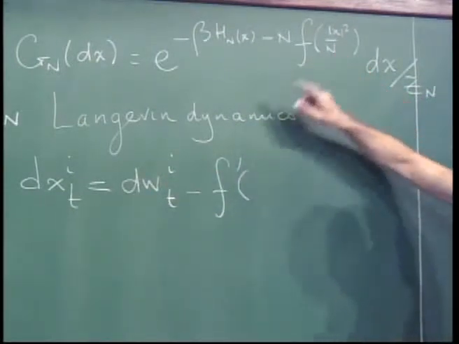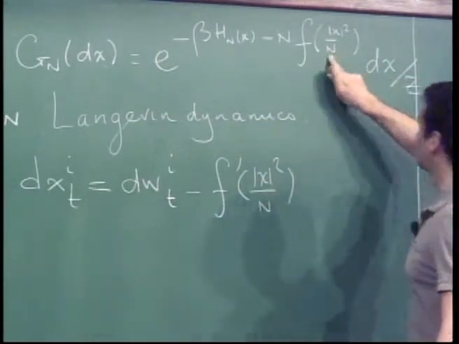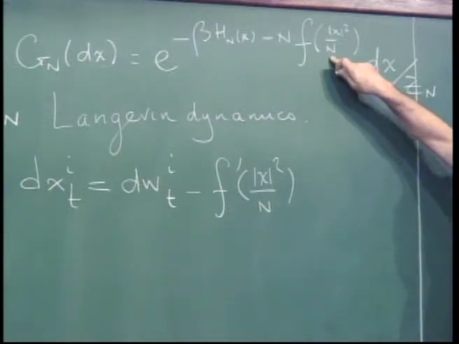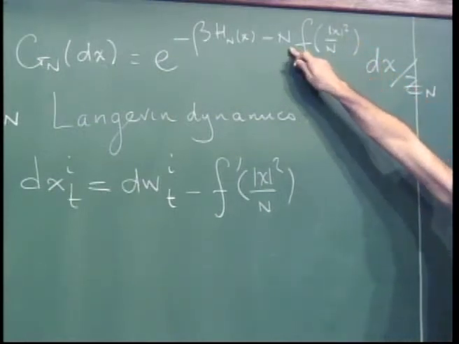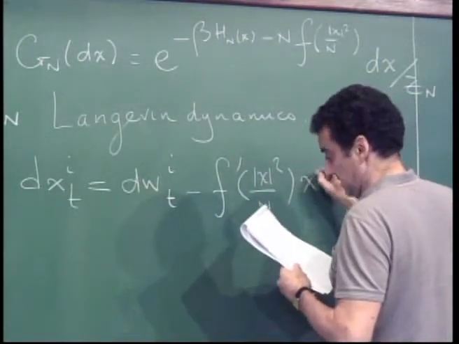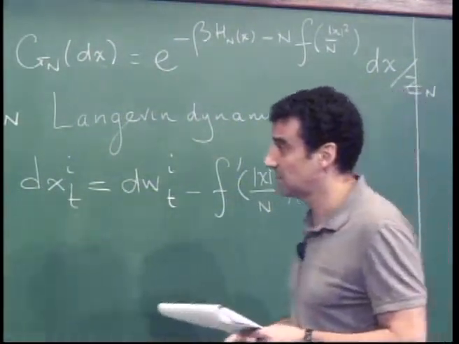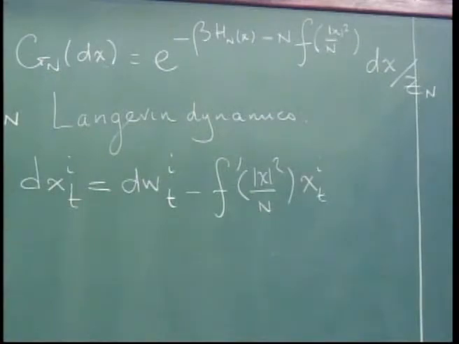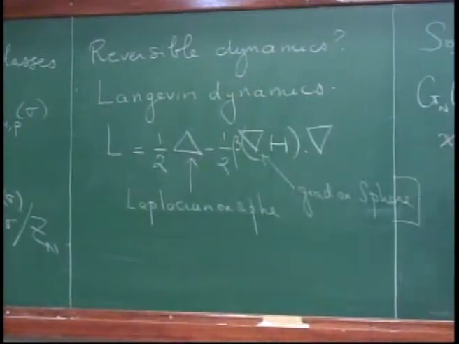You have an f prime of x squared over n, of course. And then you're supposed to differentiate that with respect to the ith coordinate. So this is x_i squared, you differentiate, you have a 2 x_i, and then you have a 1 over n, which kills this n. So here what you get is x_i(t). And because I should have a half of the gradient here to have the right thing, this kills the 2 that is up there.